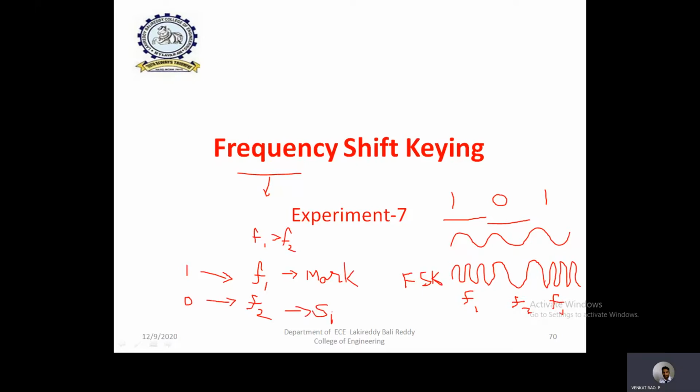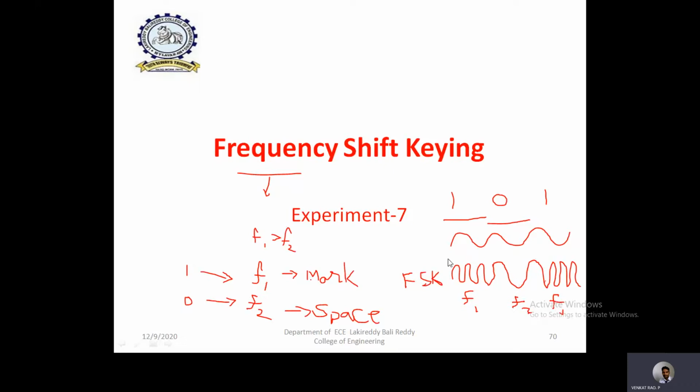In technical terms, F1 and F2 are high frequency and low frequency, also mark and space frequency. So all of you remember that whenever there are terms like mark and space frequency in the FSK concept, think that mark frequency is F1, space frequency is F2. So this is what the FSK signal is. Now we are going to observe the practical implementation of this FSK modulation.